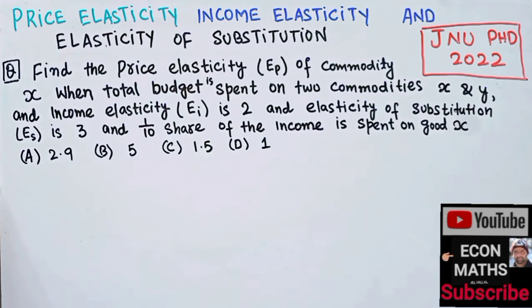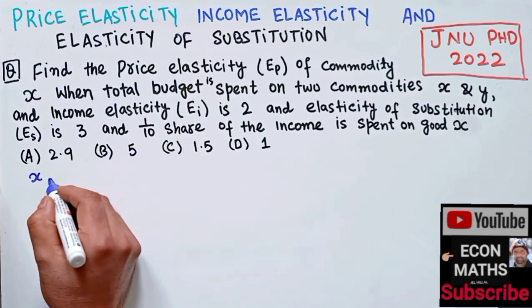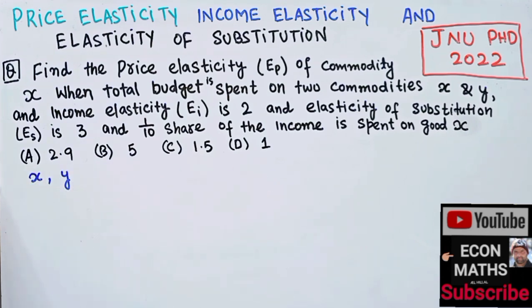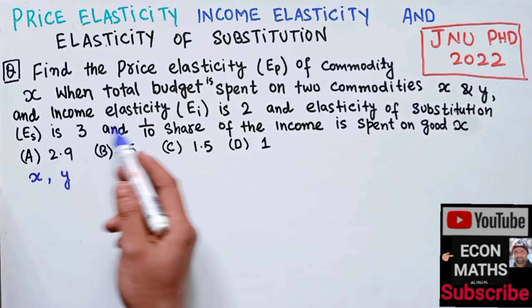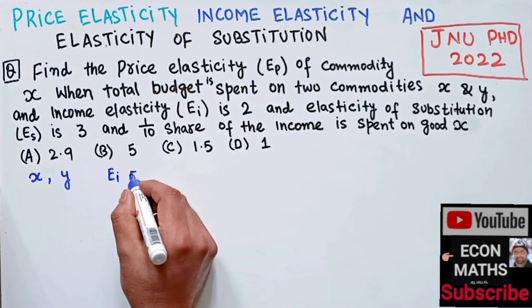Okay, so we need to find out the price elasticity here. Let us see what we are being given. We have two commodities X and Y. Also we are given the income elasticity equal to 2.